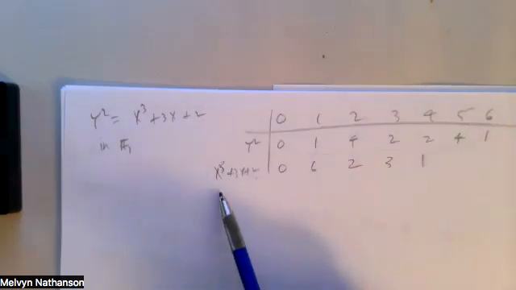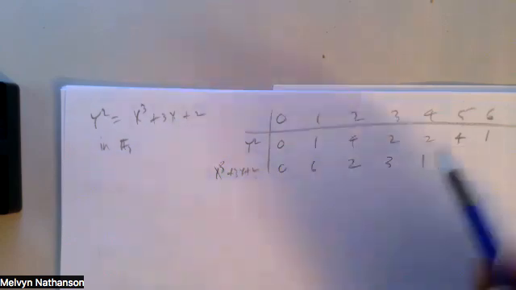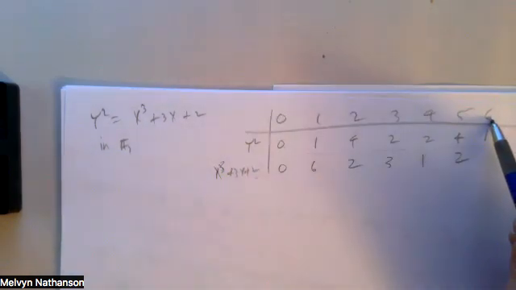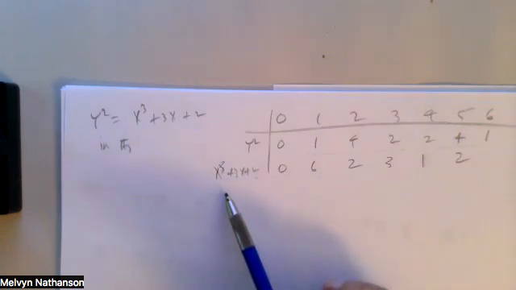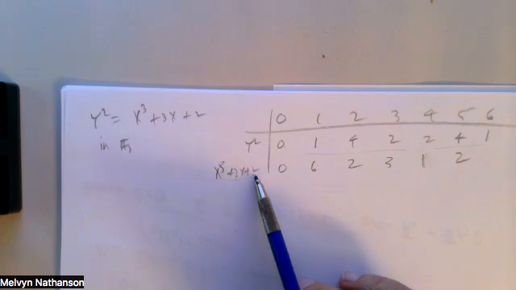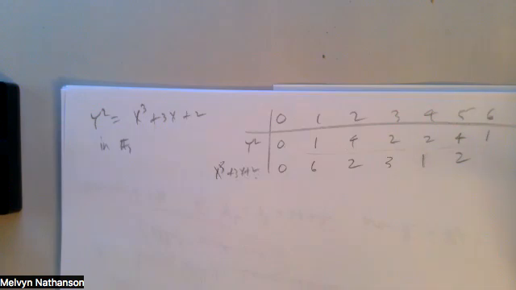When x is 5, 125 plus 15 is 140, plus 2 is 142, which is 2. When x is 6, 216 plus 18 plus 2 is 236.